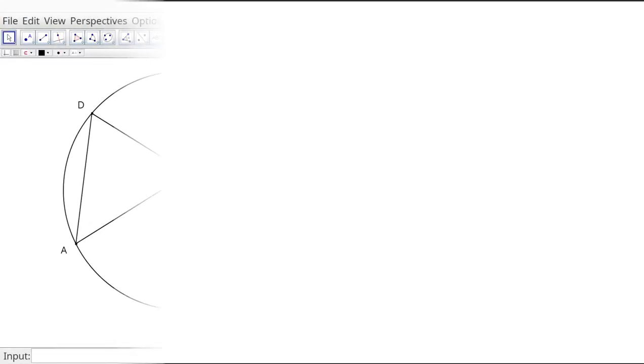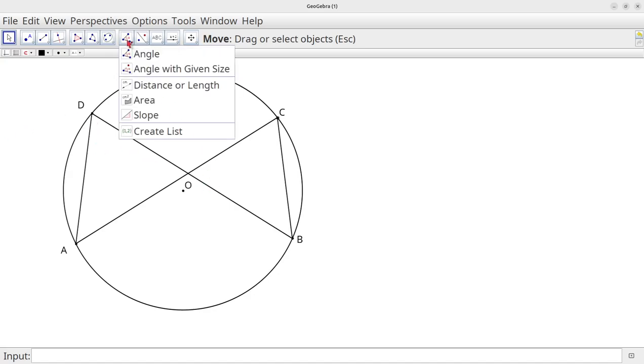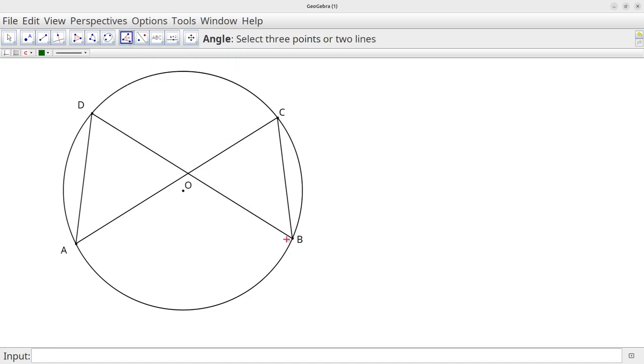Let's go straight to GeoGebra to view these angles. Now here is our GeoGebra. Here we have angle T and angle C. What's happening here?